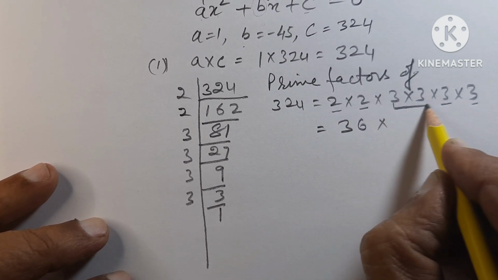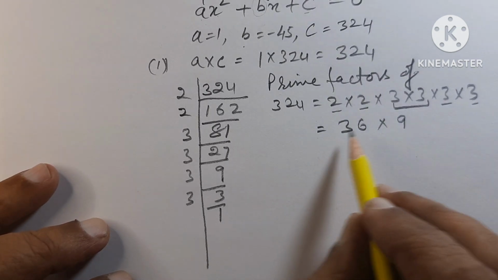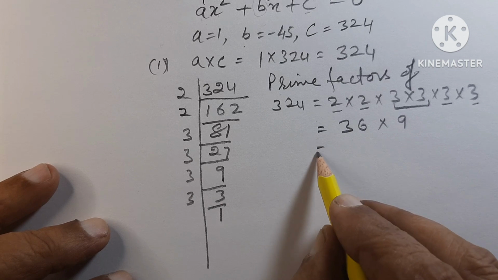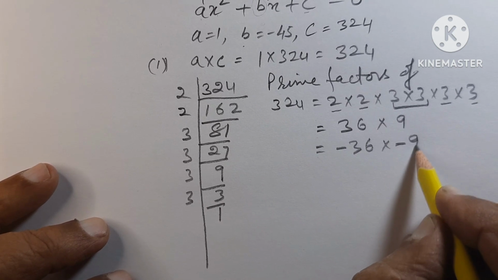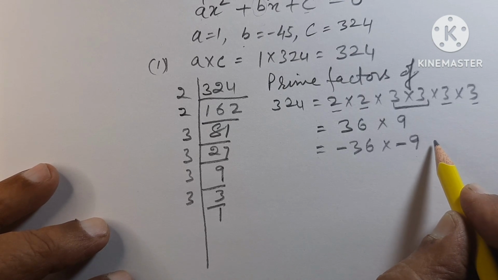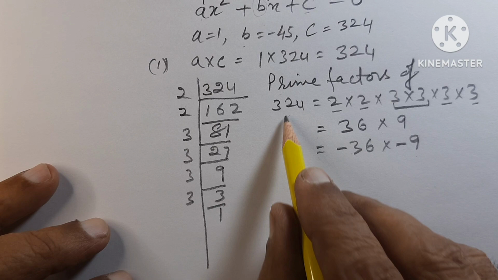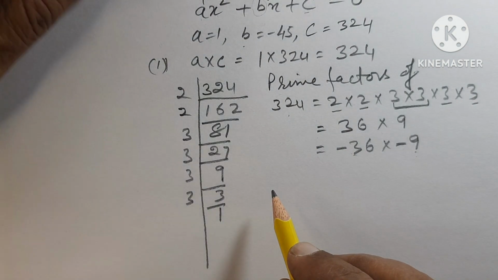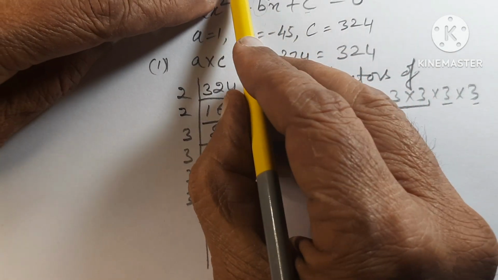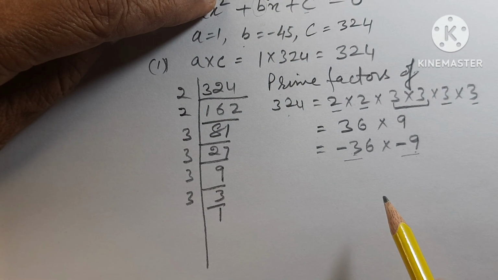Another group left is 9. I have formed these groups. I can write these as minus 36 into minus 9, because minus minus multiplied becomes plus. So in place of minus 45, I will write minus 36 and minus 9.